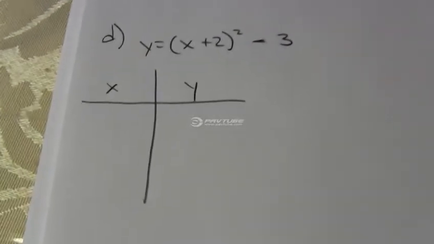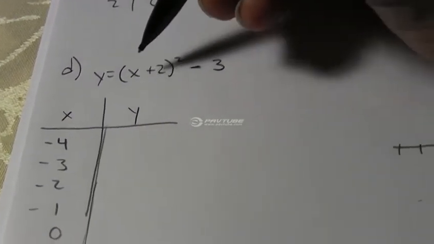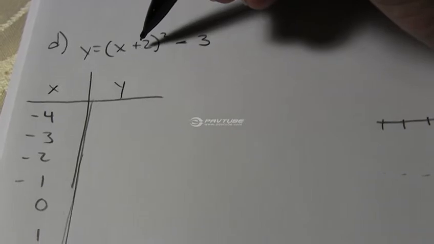Okay. Same thing. Now, because we know where the middle is, we know the middle is around -2. I'm going to start at -4, -3, -2, -1, 0, 1, 2, 3, 4, just for the sake of showing all of it. All right. So now let's sub in -4. -4 plus 2 is -2.